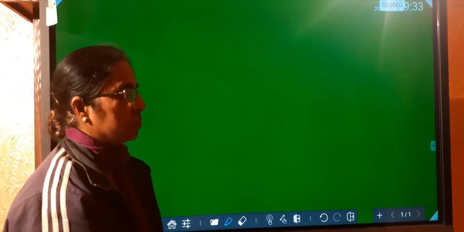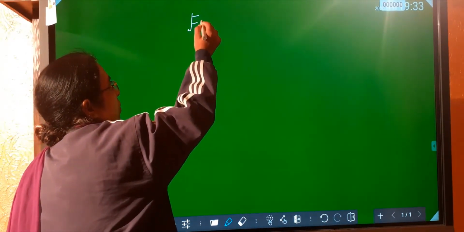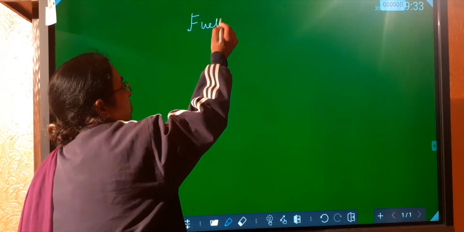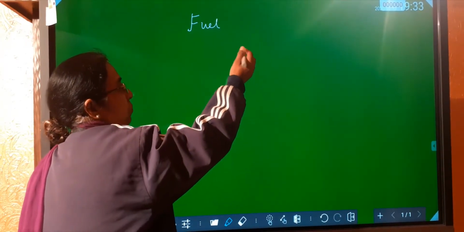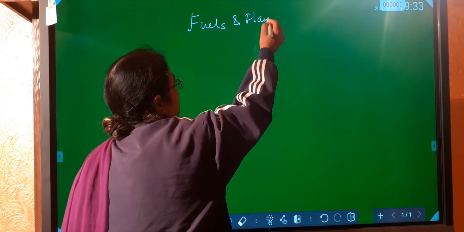Alright, welcome students. So, carbon and its compounds. Continuing in this chapter, we are using a lot of these carbon compounds as our fuels. So, fuels and flames, let us see.